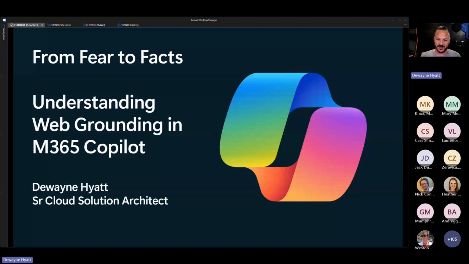So we're going to explain how does this actually work? Like, how does web grounding work so that you can make informed decisions? We're going to talk about some common concerns. We like to throw around some acronyms, BAA, DPA, stuff like that. We're going to explain why our documentation says what it says about this.